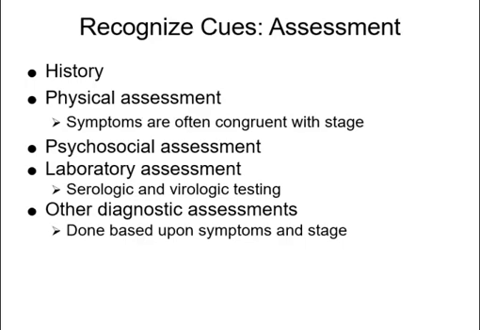So what we're going to do now is look at the big table within the textbook that lists conditions found in stage 3 AIDS infection with assessment findings and nursing interventions, and we're going to highlight the ones that you need to be familiar with for testing purposes.